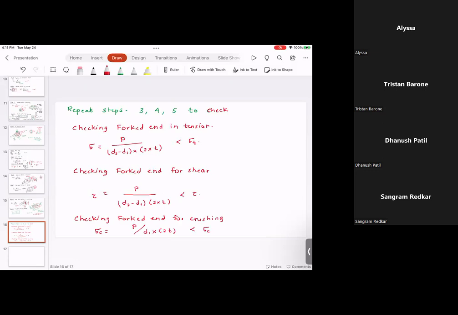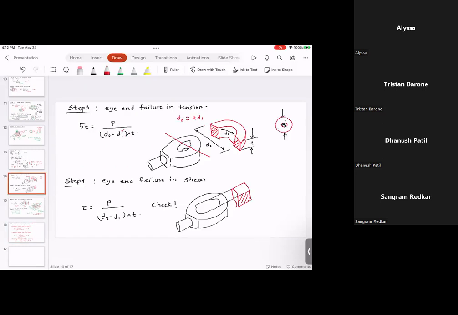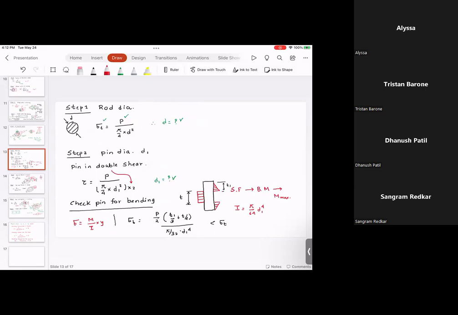And that's it. Then what you do is you draw a neat and nice sketch for the knuckle joint, and that is the design of the knuckle joint. There is an alternate procedure that is given in the textbook. The procedure given in the textbook gives you standard dimensions of the knuckle joint based on the design data. So design data will define all these dimensions based on the principal dimension, which is the rod diameter.